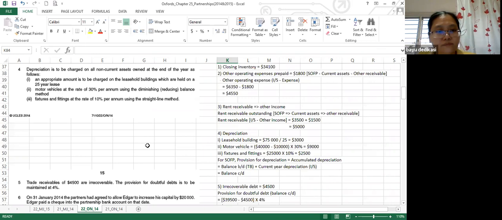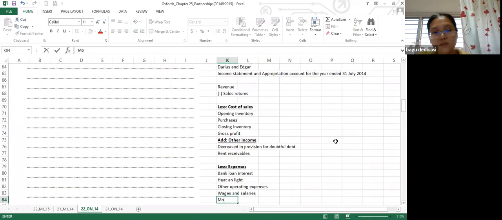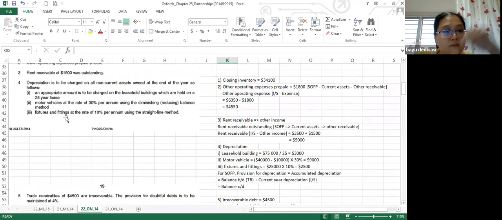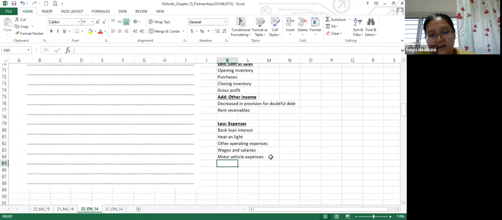This one, you have one rent receivable, one rent payable. Rent payable is your expense, rent receivable is your income. So rent.